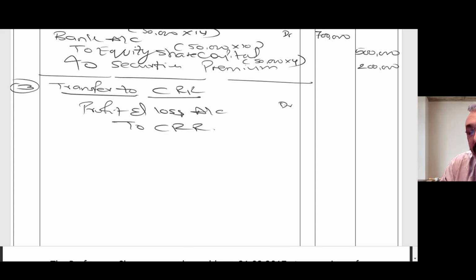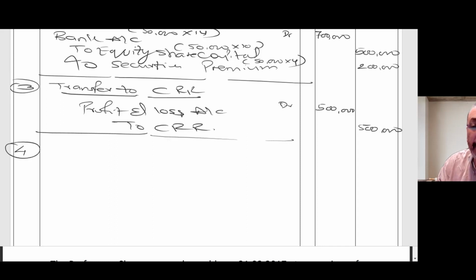CRR stands for Capital Redemption Reserve Account. How much is the amount to be transferred to CRR? That is around 5 lakh rupees. Right, so you have transferred to CRR.